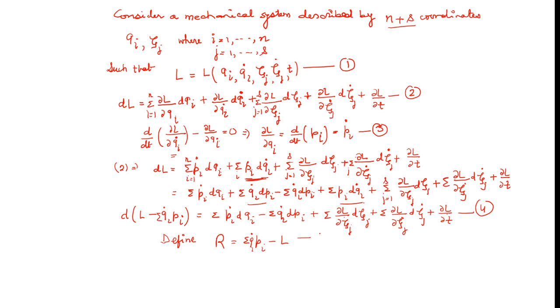So define this R. Using this R, your equation 4 will convert to dR equals minus summation pi dot dqi plus qi dot dpi, minus summation delta L delta zeta j d zeta j minus delta L delta zeta j dot d zeta j dot, sorry, minus again, minus delta L delta t.